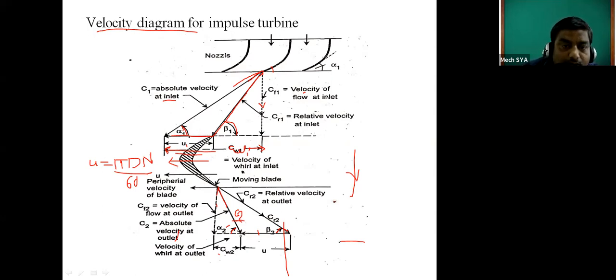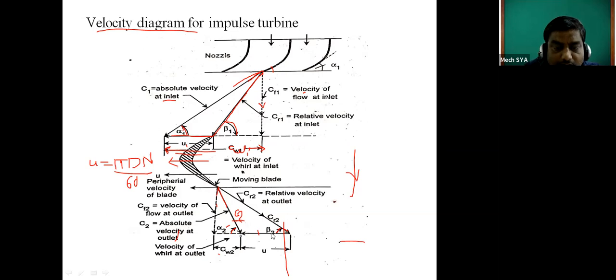Here, in both triangles, what is the common factor? U is there. The blade velocity is going to be common. See, the blade is only common, so this blade velocity is common for both.